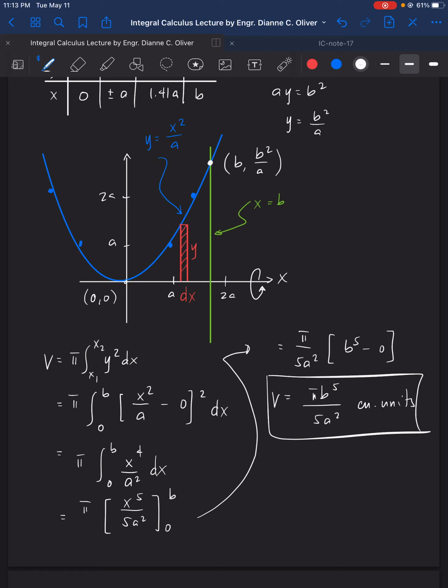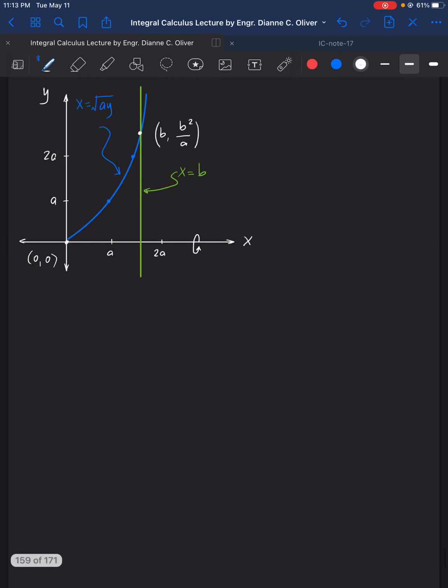So that's our volume. Now, if we decide to use the horizontal area strip, using the same figure for the boundaries, and we decided to use the horizontal area strip, that is x dy.